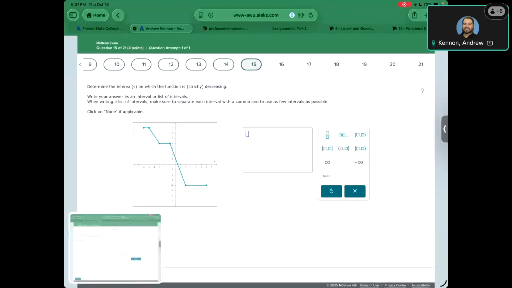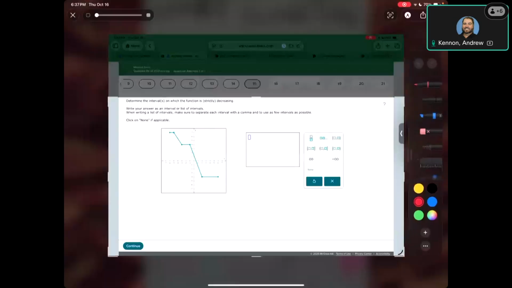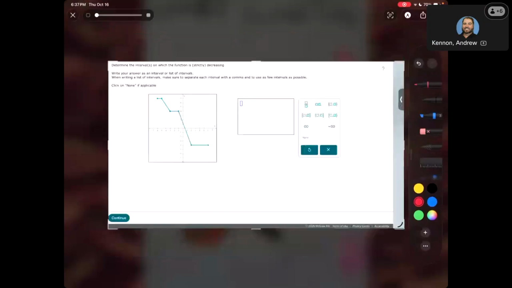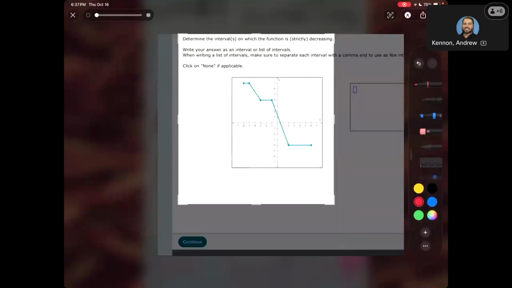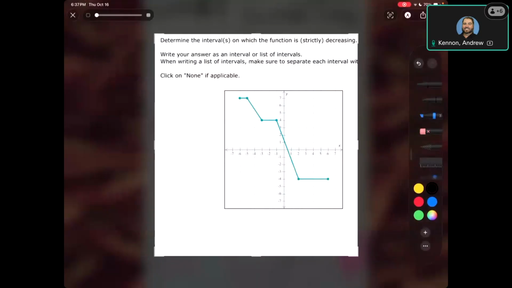Decreasing, increasing, and constant. Okay, so this one says decreasing. So I only care about decreasing, but be careful because it will switch it on you.